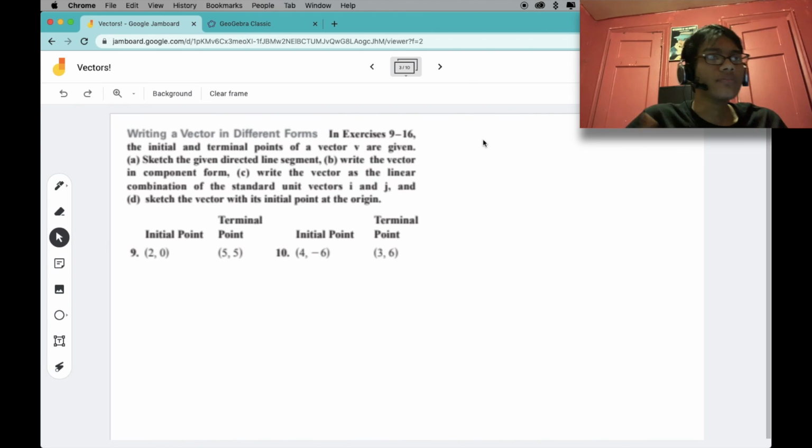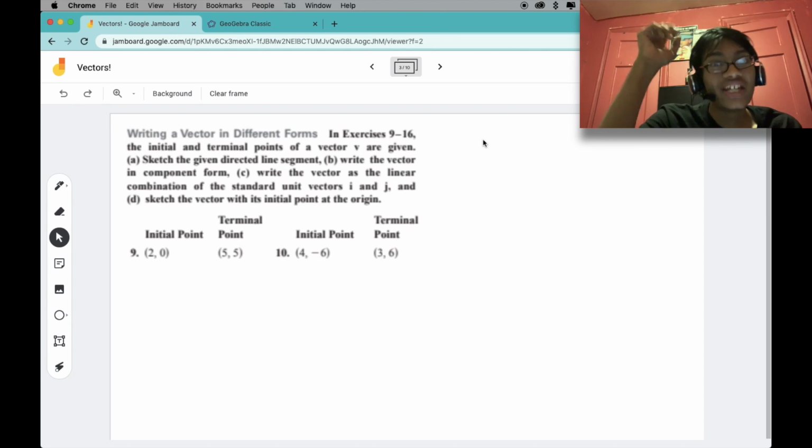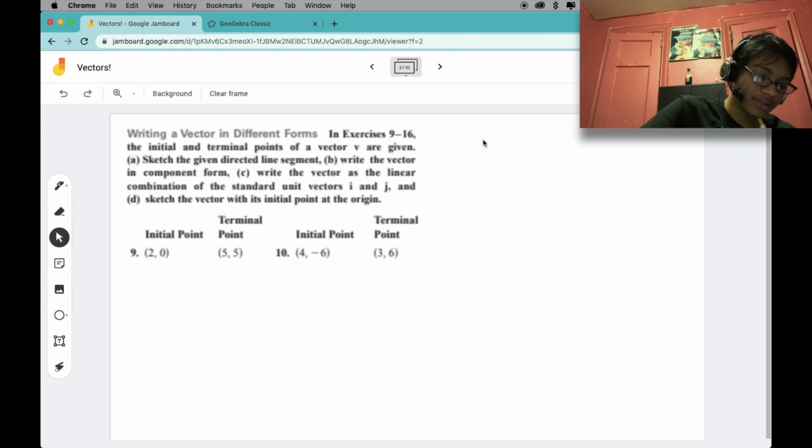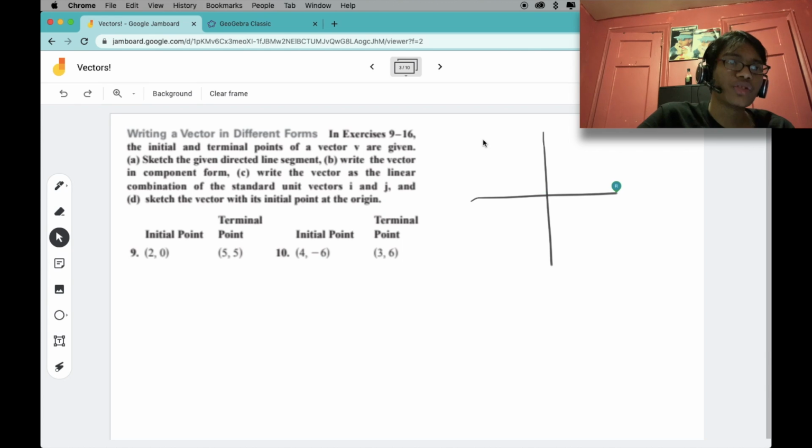So the next question says that in the following exercise, the initial and terminal points of a vector V are given. Sketch the given directed line segment. Okay, let's do that. Let's go over here and sketch out what our vector should look like.